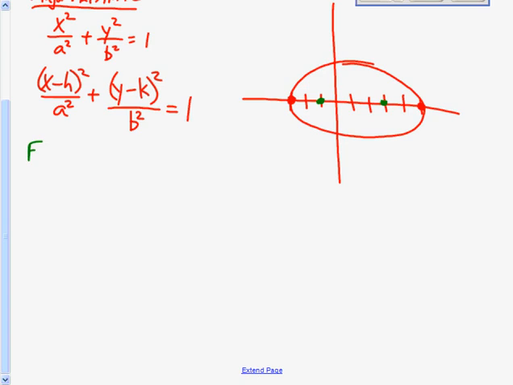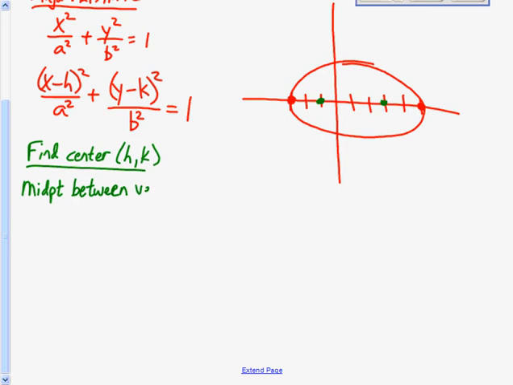So find the center (h, k) of this thing. That is the midpoint between the vertices, or you could do the midpoint between the foci. It really doesn't matter. Let me use the vertices.